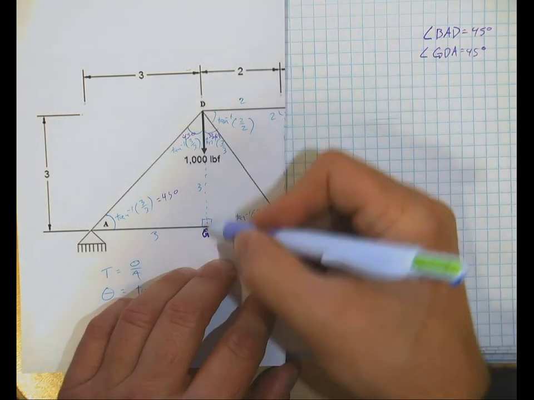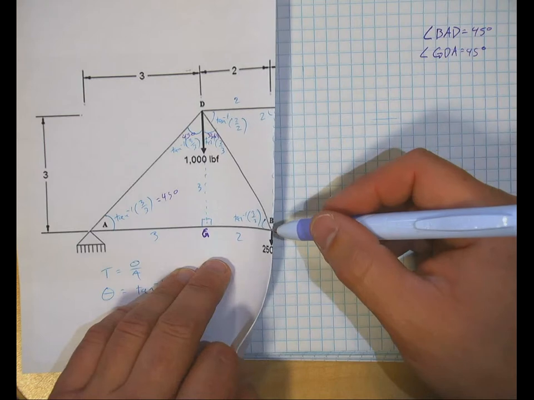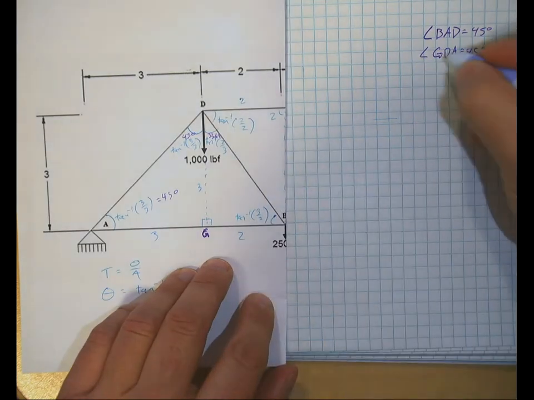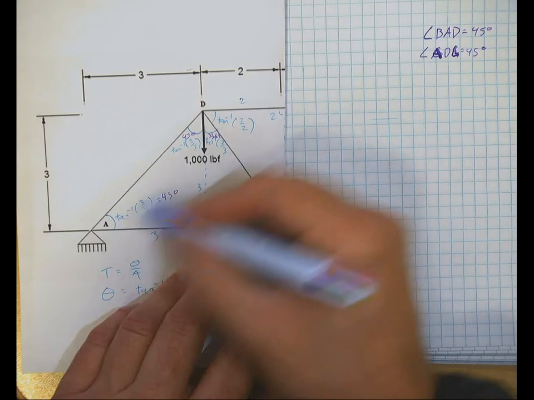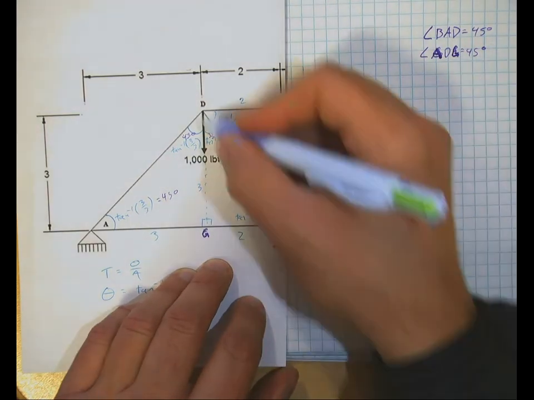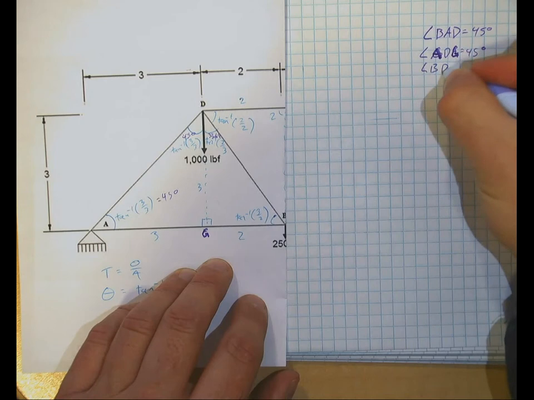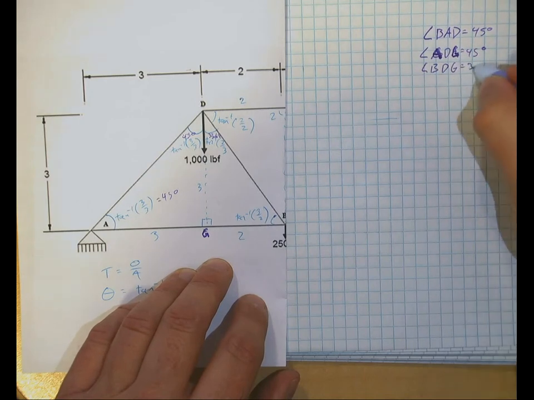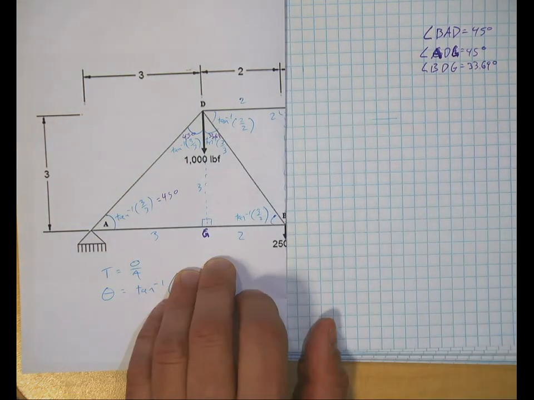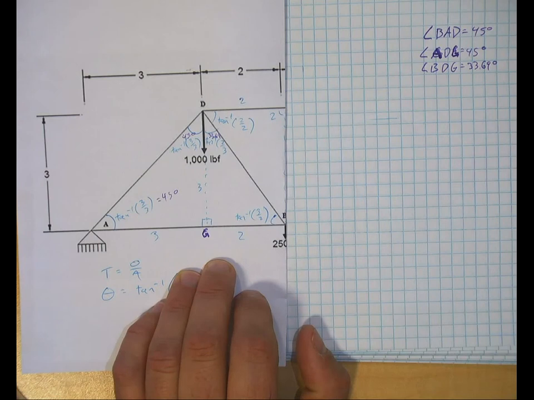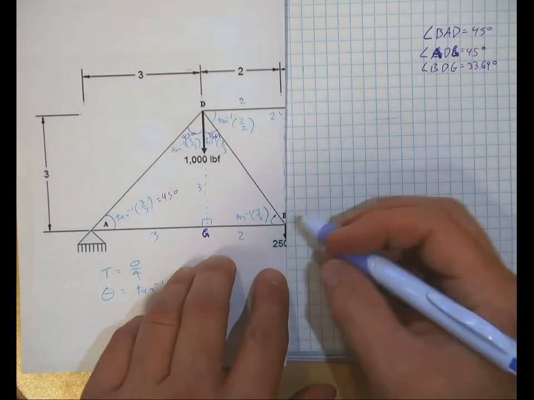We have the angle BDG. I did this backwards. We're going to call this ADG, just to keep organized. So ADG is going to be 45 degrees. BDG is going to be 33.69 degrees. And then we have inverse tangent of 3 over 2, which is 56.3 degrees.